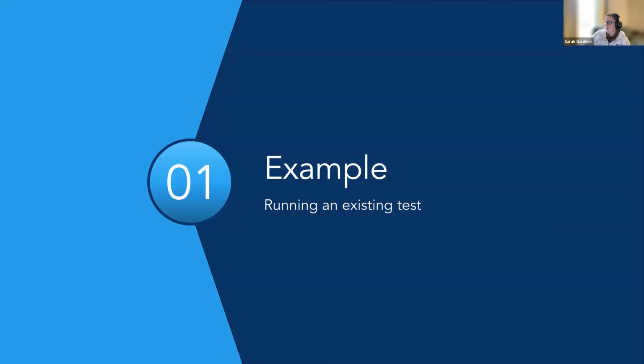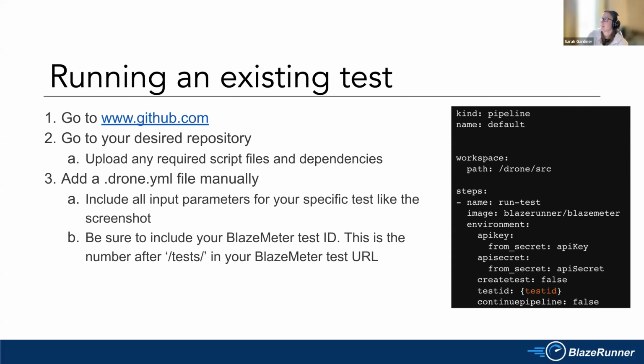And so I've got two examples, one of how you can run an existing test with the plugin, and one of how you can create a new test and run it. For an existing test, my pictures are going to look very similar to Jim's. You can just go to GitHub and get the repository that you want to use. If you have any additional files or dependencies that you need, you can upload them there.